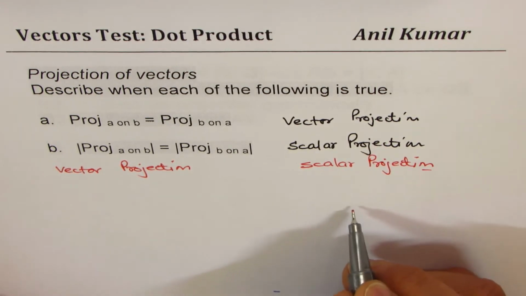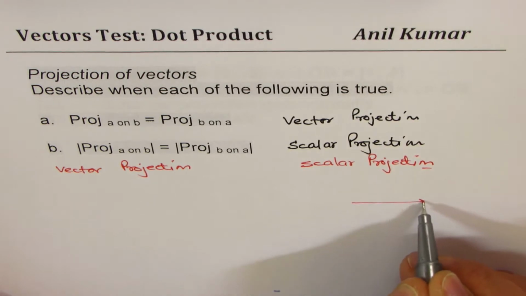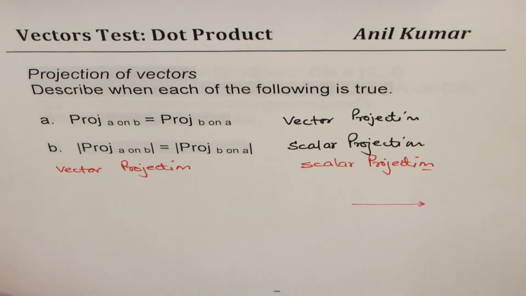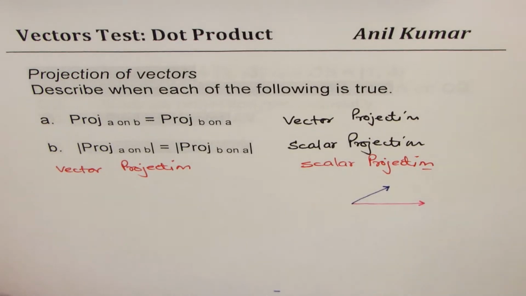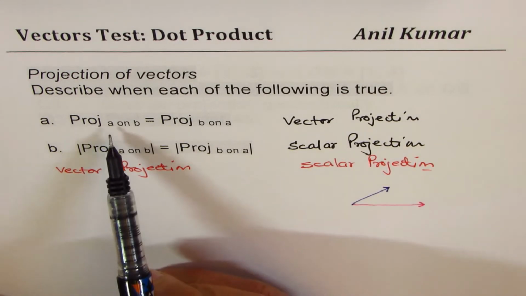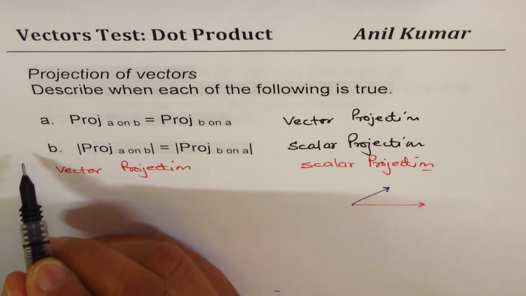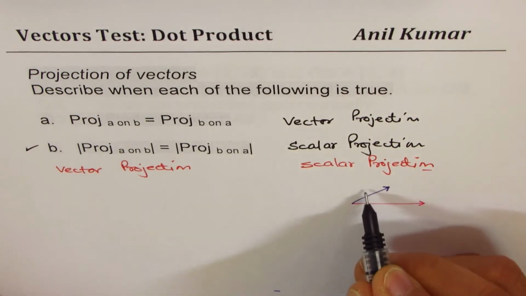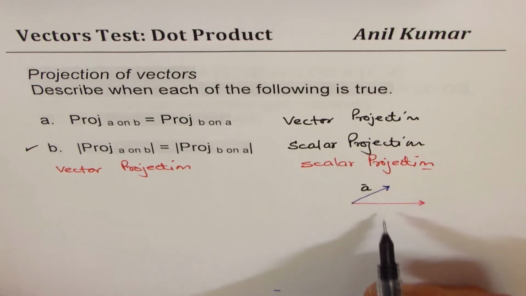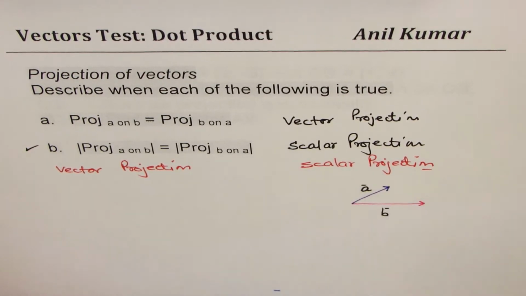So let's say these are the two vectors given to us. One vector, the other one kind of like this. When we are saying projection, we're talking about scalar first, so I'll consider this one. Projection of A on B. So let's say this is A and that is vector B.